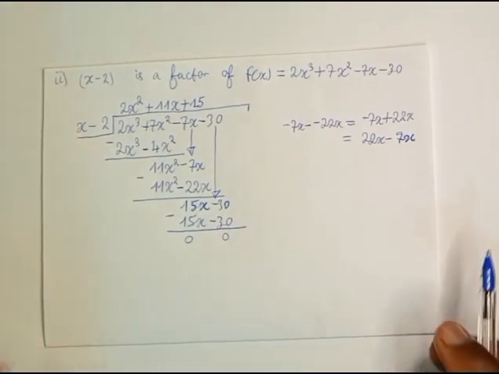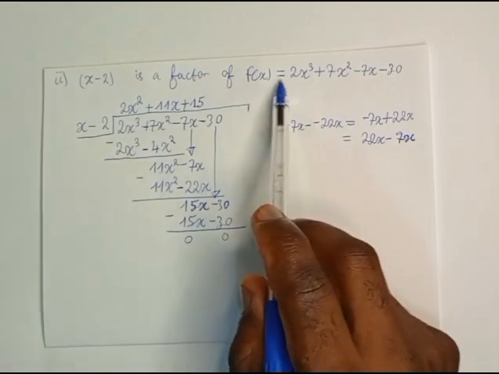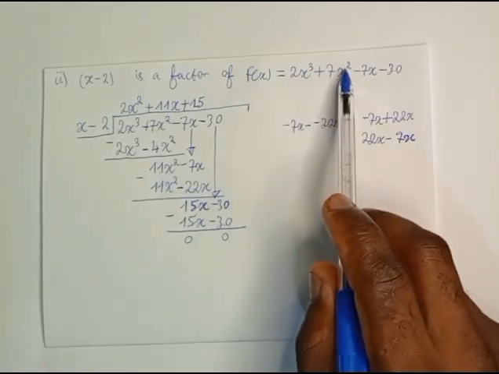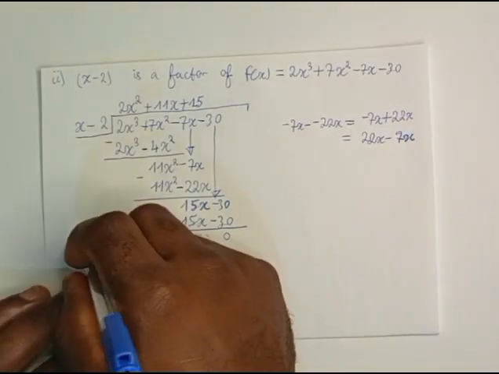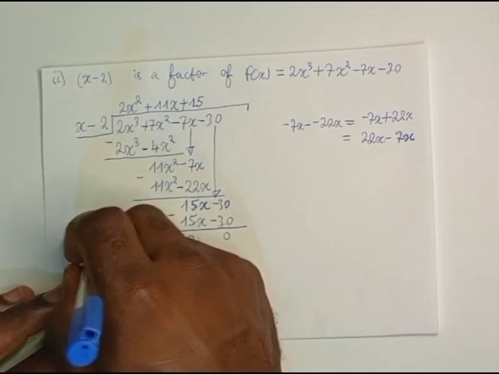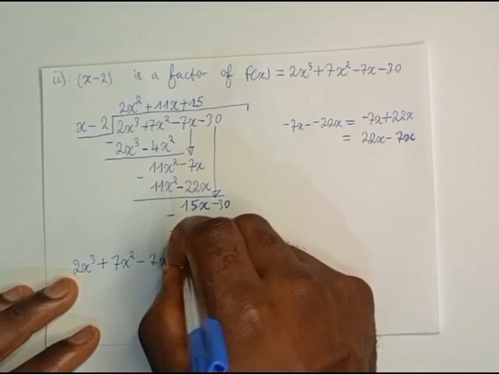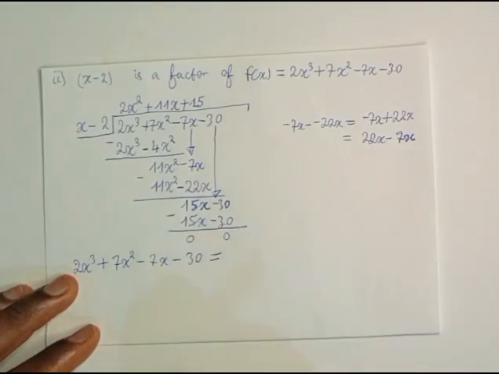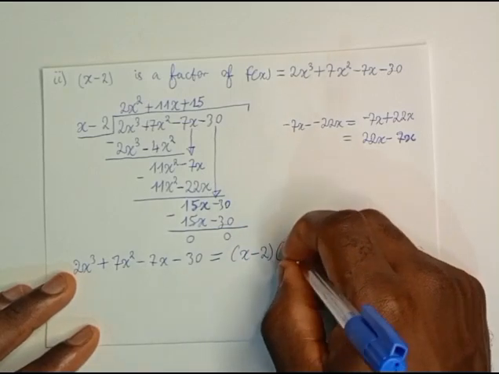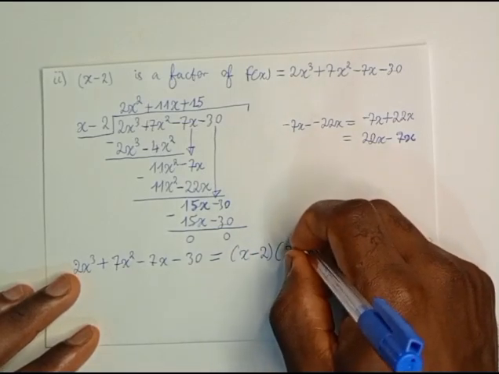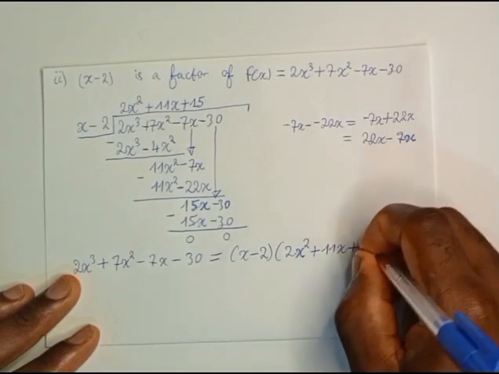It proves the fact that x minus 2 is a factor of the polynomial f of x equal to 2x cubed plus 7x squared minus 7x minus 30. Now we can express our polynomial as the factor x minus 2 times the quotient, which is the quadratic expression 2x squared plus 11x plus 15.